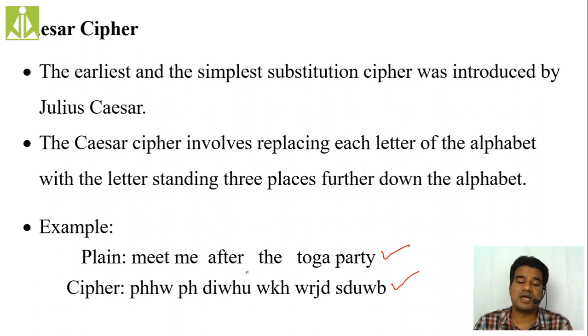If I apply Caesar cipher, I get PHHW, PH, DIWHU, WKH, WRJD, SDUWB. If you read this ciphertext, you will not understand anything. But if you read the plain text, you have the clarity of what you have to do. So we get the ciphertext for this plain text by applying the Caesar cipher.